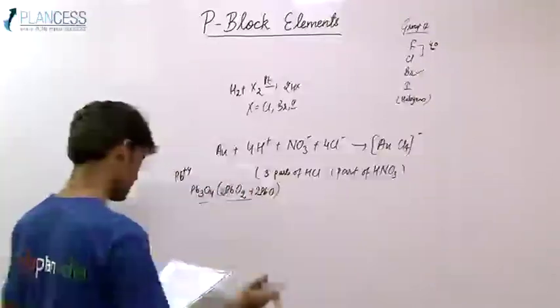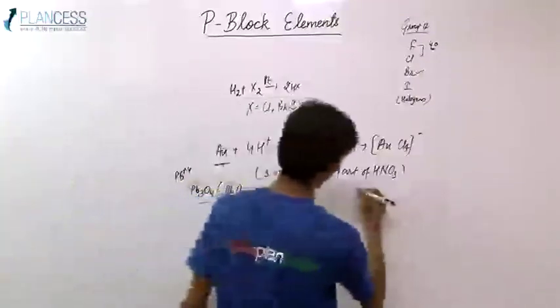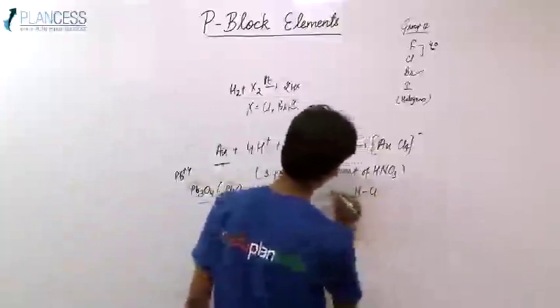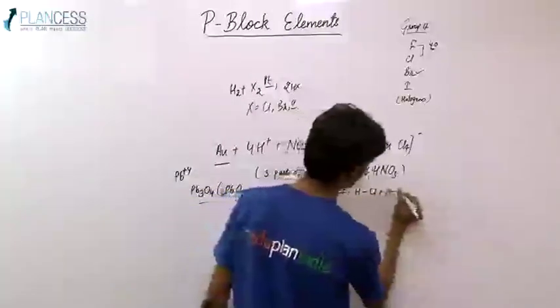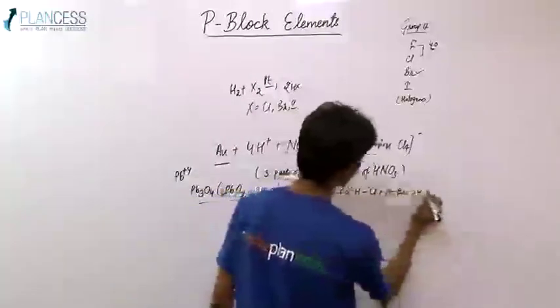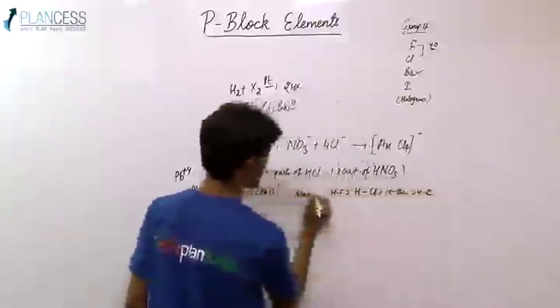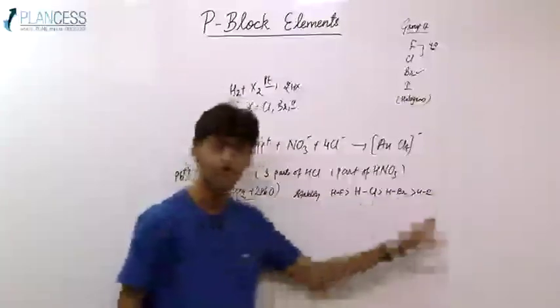HBr is not very stable. If we talk about the stability, HF is the most stable hydride, then HCl, then HBr, then HI. So this is the stability order of hydrides: HF greater than HCl greater than HBr greater than HI.